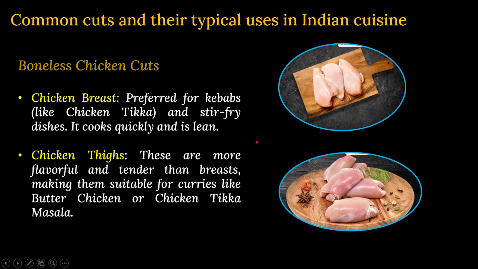Chicken thighs, whereas the leg is exposed to exercise, that's why you can see they are reddish, dark in color, and because of the flow of oxygen and blood, they become very juicy and tender. So you can easily use it for any flavorful preparations like chicken tikka masala, butter chicken, etc.